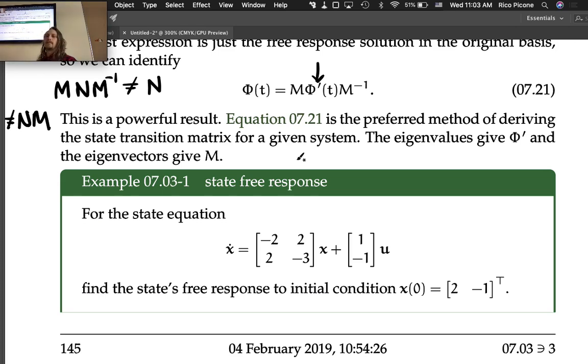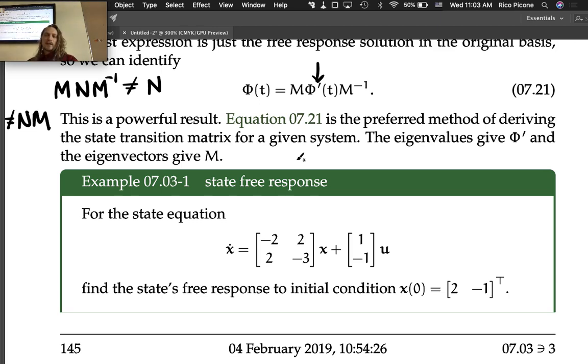We found that when we went into this diagonalizing basis for our state vector, the transformed A matrix, sometimes called the A prime matrix, is just the eigenvalue matrix, the diagonal matrix with eigenvalues along the diagonal and zeros elsewhere.